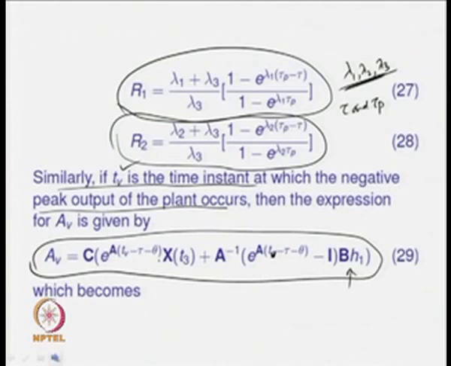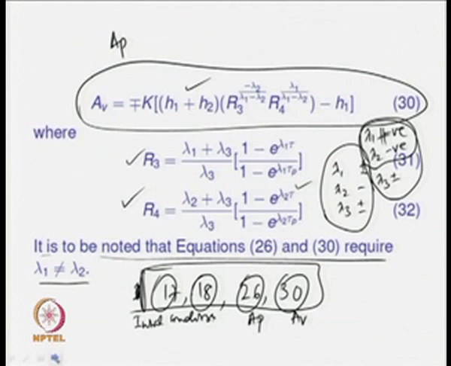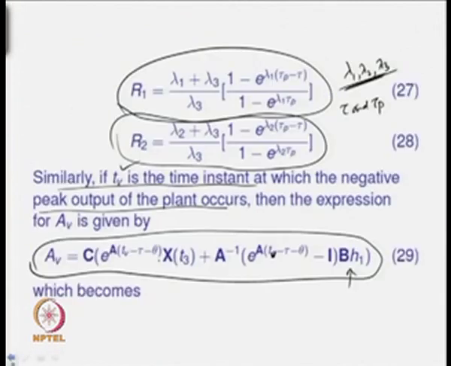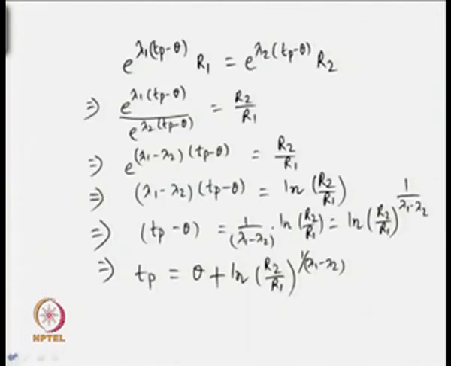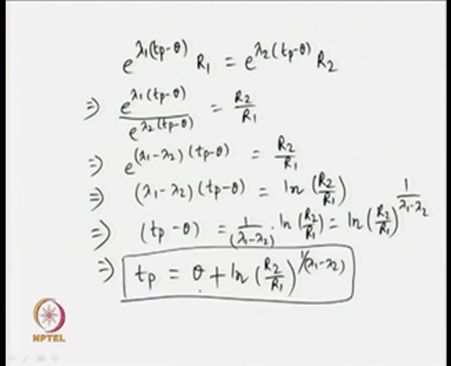What are those expressions for T p and T v? One such expression we have already shown, the expression for T p is this one, which involves another unknown associated with the transfer function model, the dead time.